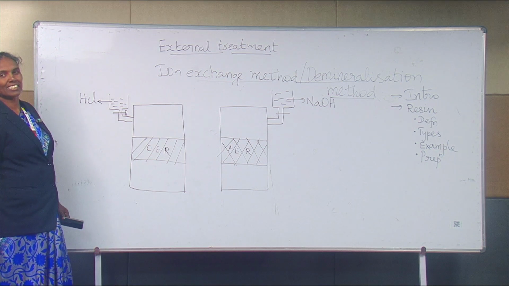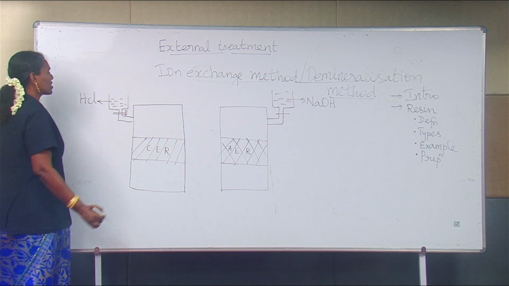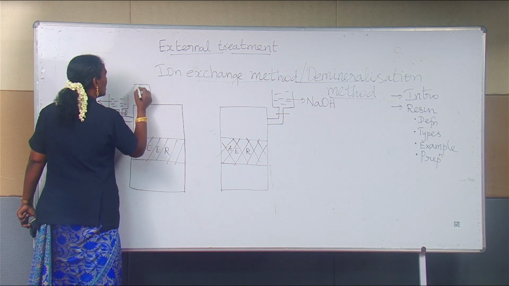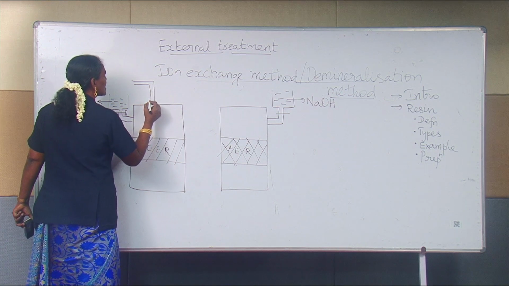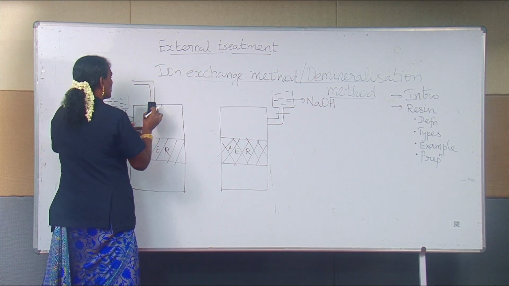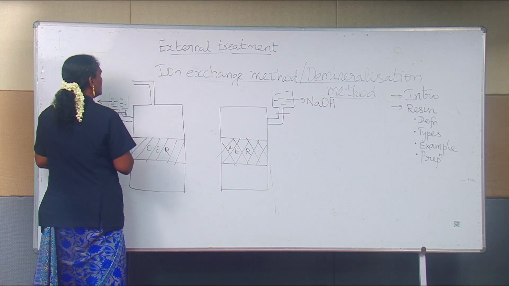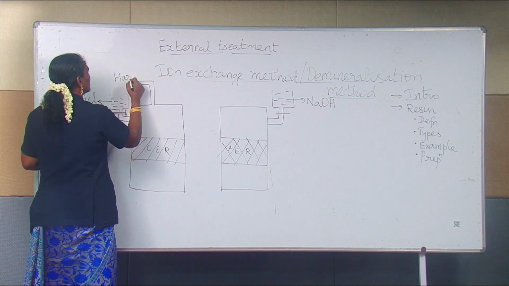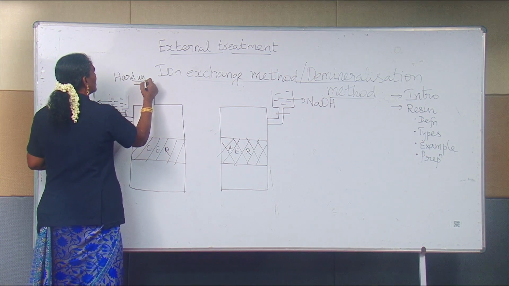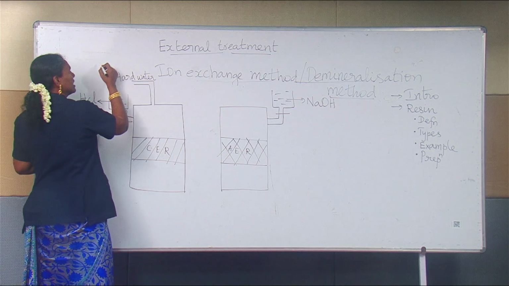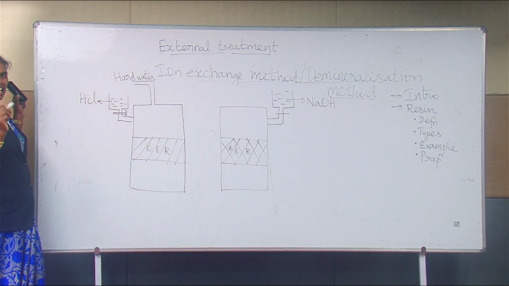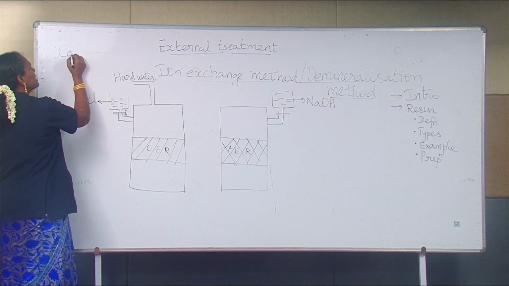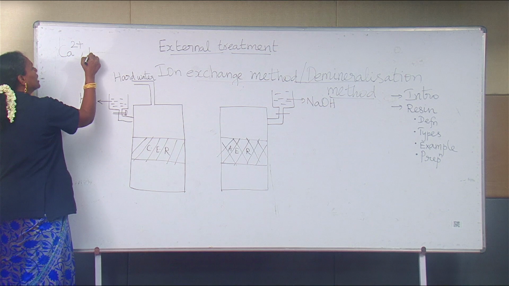Okay. So what are we passing? Raw water, otherwise hard water, which contains both hardness causing cations as well as hardness causing anions. So here we are passing hard water. Hardness causing cations, for example, you can write Ca2+ and Mg2+.